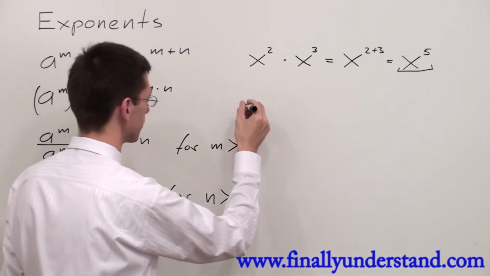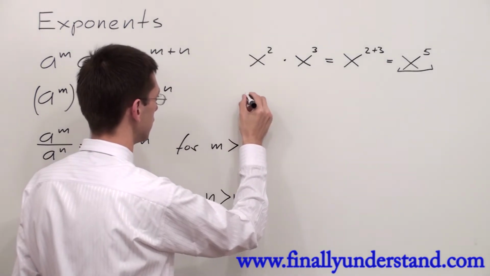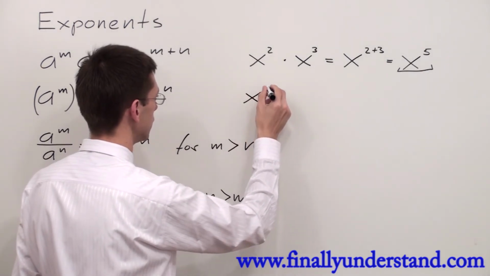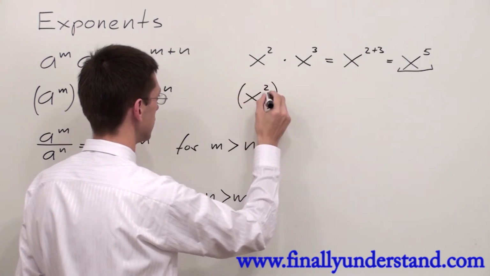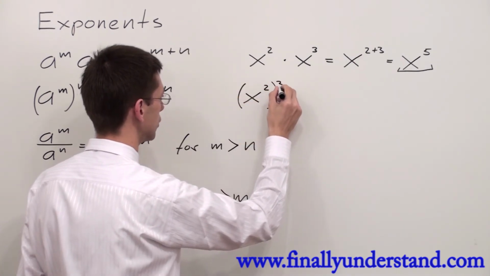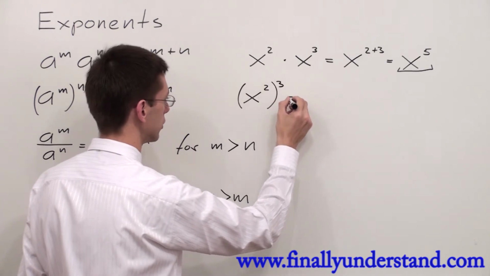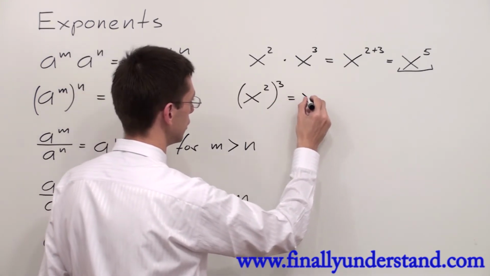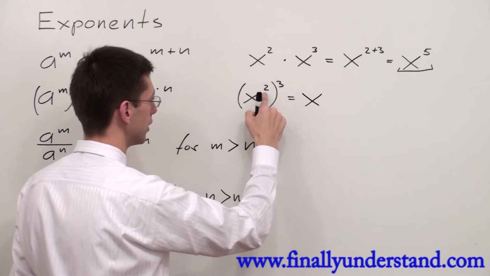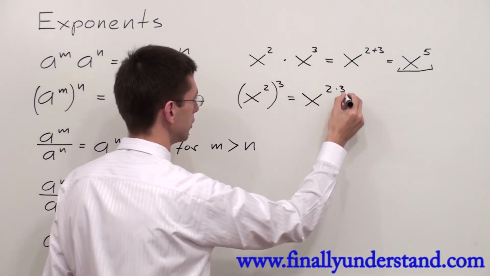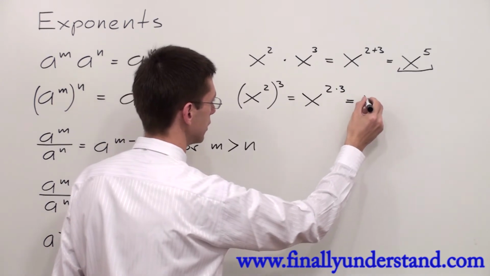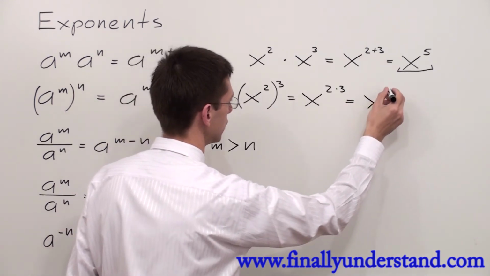For example, I have x to the second power and everything is raised to the third power. According to the rule, we have to keep the base and multiply exponents. I have 2 times 3. My answer is x to the sixth power.